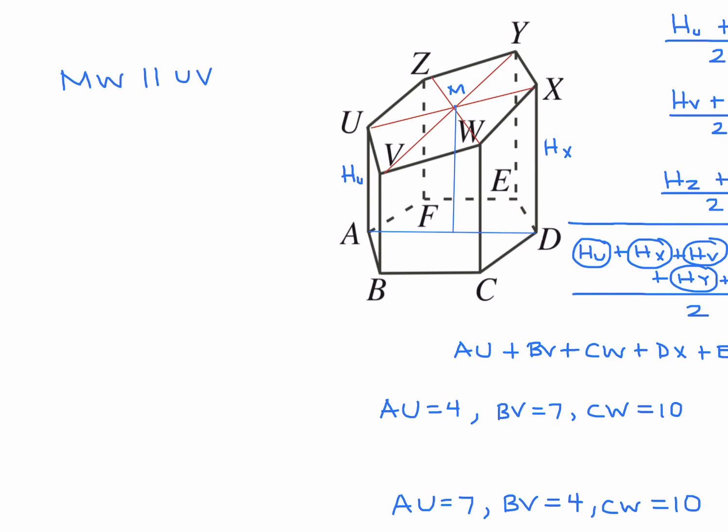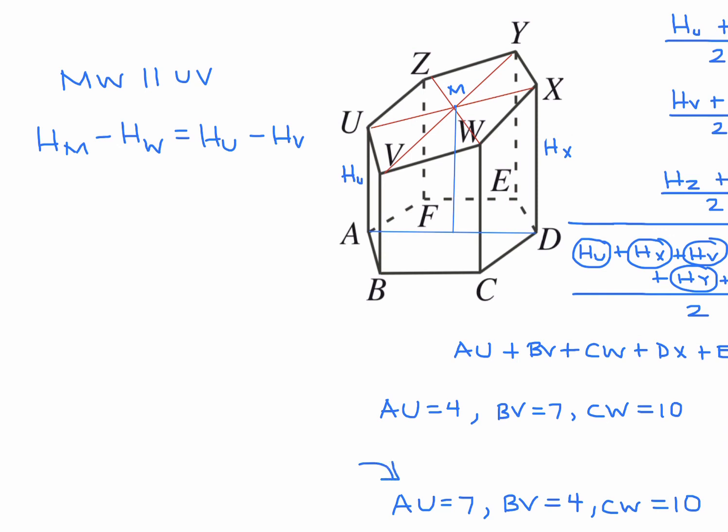Because MW is parallel to UV, the height to M, which is basically HM, if you subtract from that the height HW, so basically we're taking this height and subtracting it from that height, it'll be the same as the height U minus the height V, which is this height minus that height.